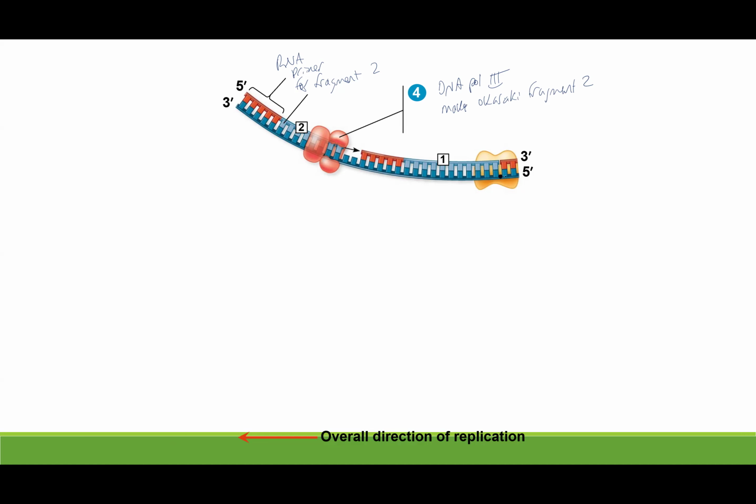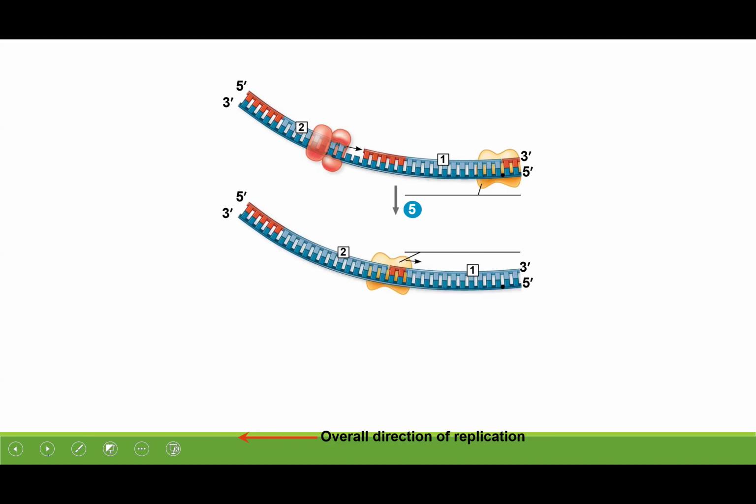It disconnects here, comes back to the next primer, and starts adding nucleotides until it gets to this first primer. Then there's going to be another primer. It's going to disconnect and move on to the next thing.